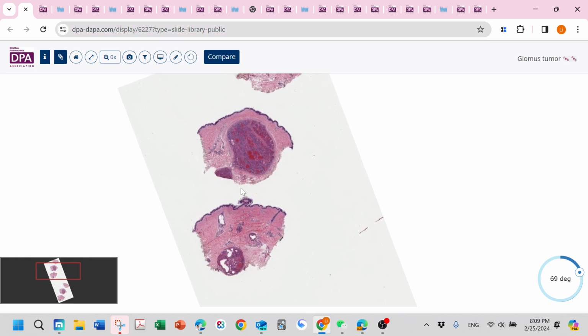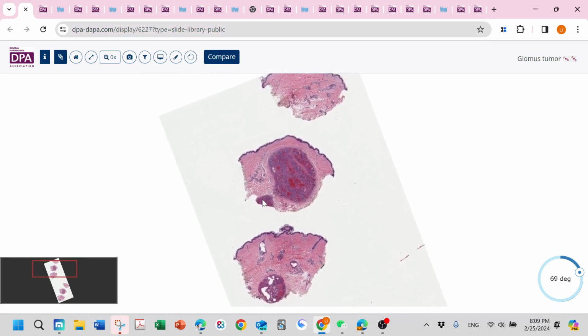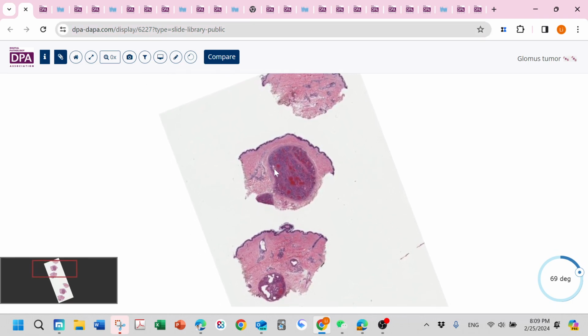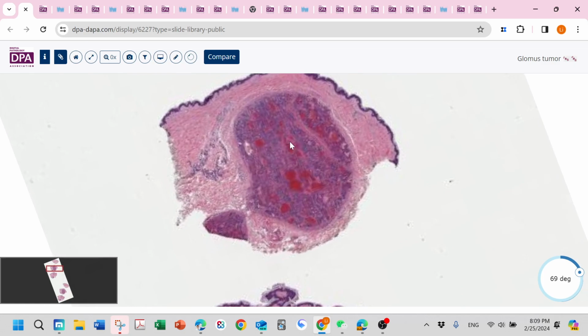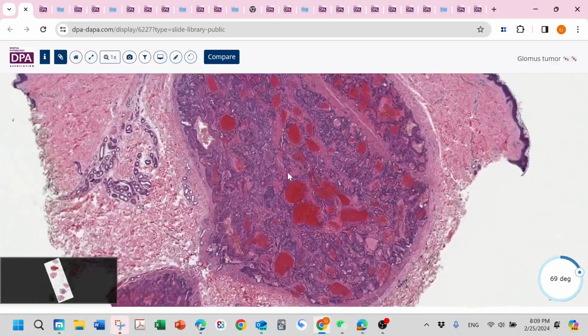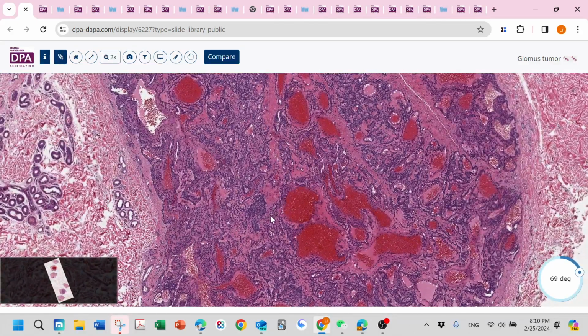This is another example of glomus tumor. Again, we know that it's a well-demarcated lesion, and even in low power, we know there are a lot of blood vessels inside. We can even see some red blood cells. And then the other component is the glomus cell. They look really monotonous, round.